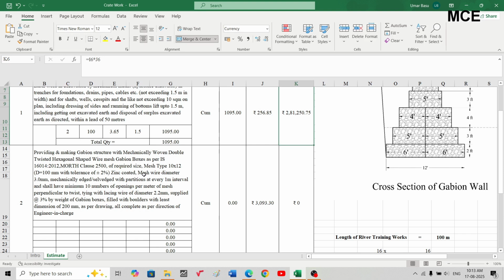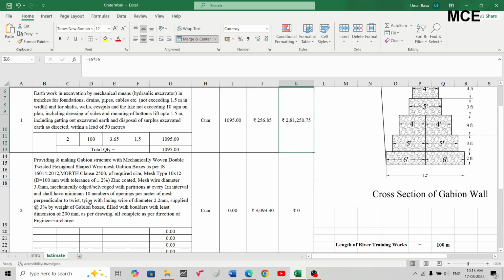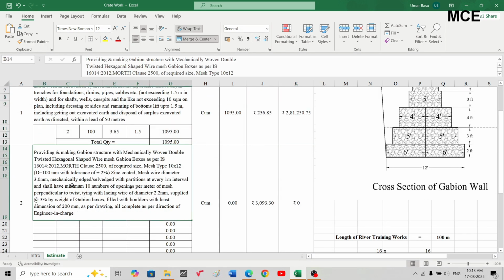Mesh wire diameter for this Gabion should be 3 mm, and shall have a minimum of 10 numbers of openings per meter of mesh, and it should be filled with boulders with least dimension of 200 mm. It's a complete item which includes making of the Gabion boxes at the site, as well as filling it with locally sourced or available boulders and placing it on site.